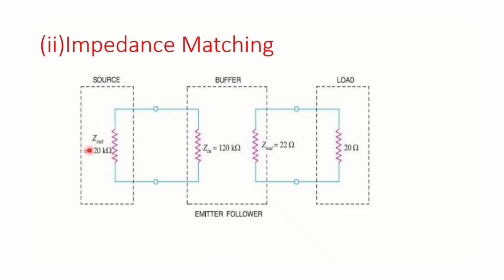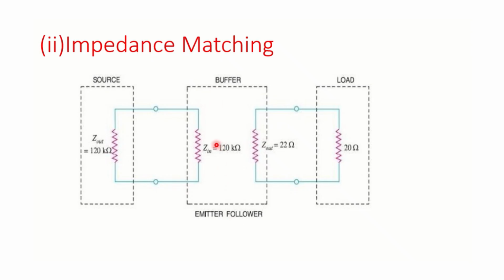The source impedance is in the range of kilo ohms and the load impedance is just in the range of ohms. So instead of connecting the source and load directly, we are connecting the source and load through a buffer circuit, and the emitter follower can act as this buffer.